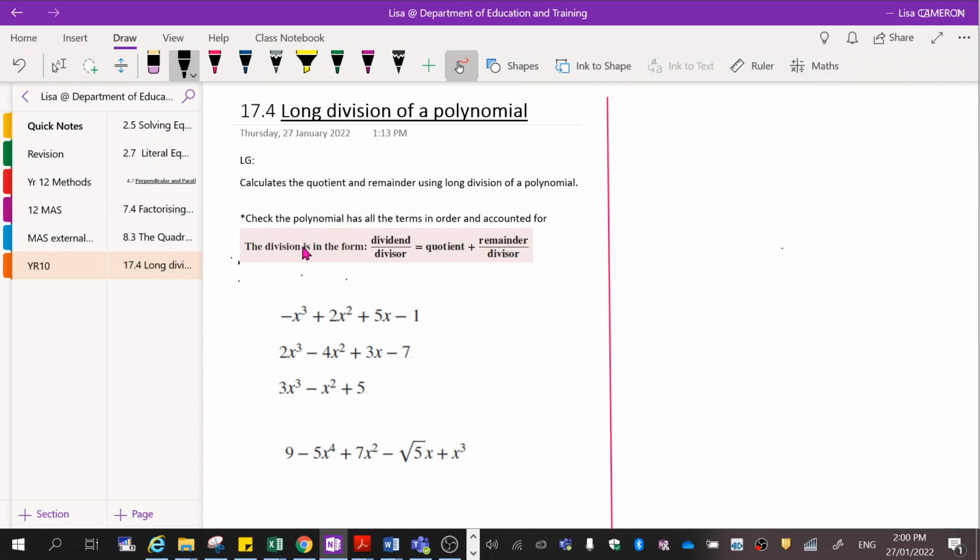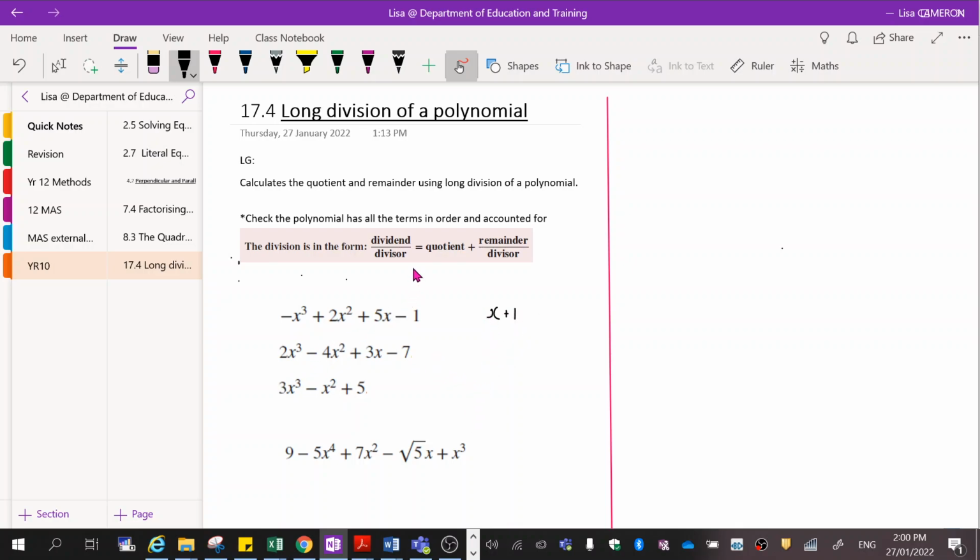Now, there are two main things that you need to do to start off with. You need to check that the polynomial has all the terms in order and that they're accounted for. So let's say that we had this expression here and it was being divided by another polynomial. That other polynomial could be anything like x plus 1, something simple like that.